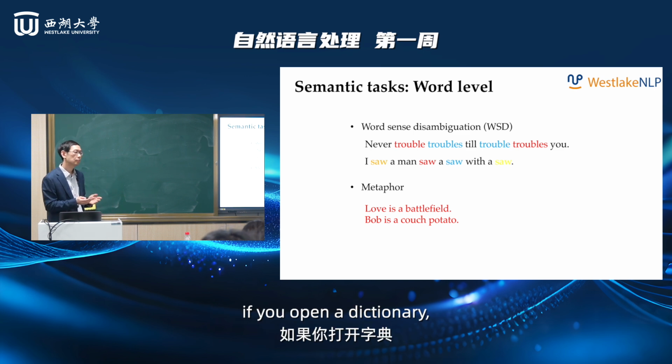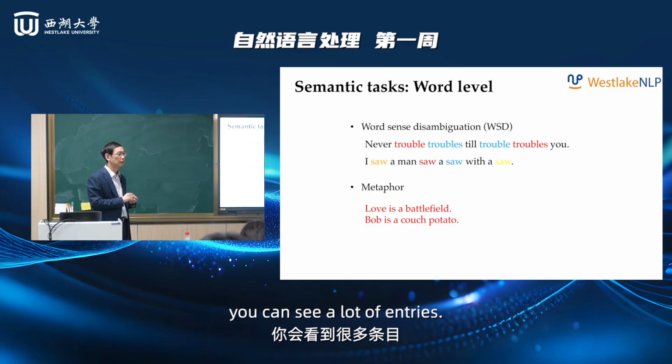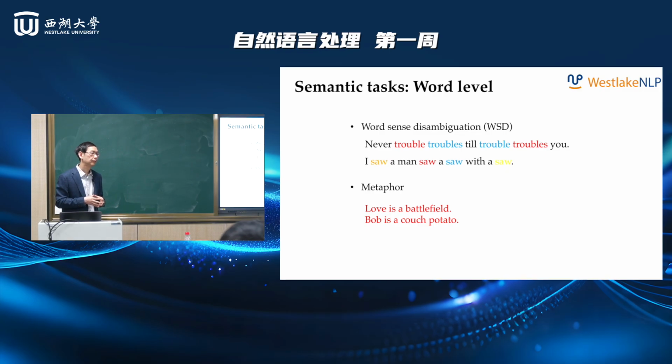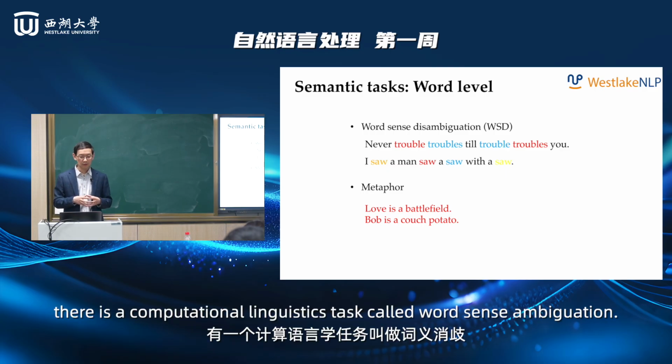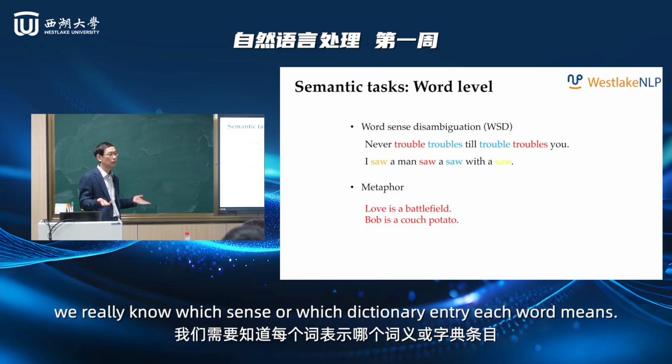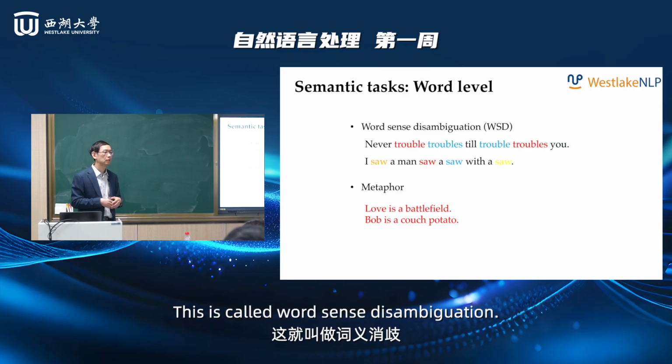If you open a dictionary, you can see a lot of entries, and each entry represents a sense of a word. There is a computational linguistics task called word sense disambiguation. Basically, we're given a sentence with a lot of words, and we want to know which sense, or which dictionary entry, each word means. This is called word sense disambiguation.